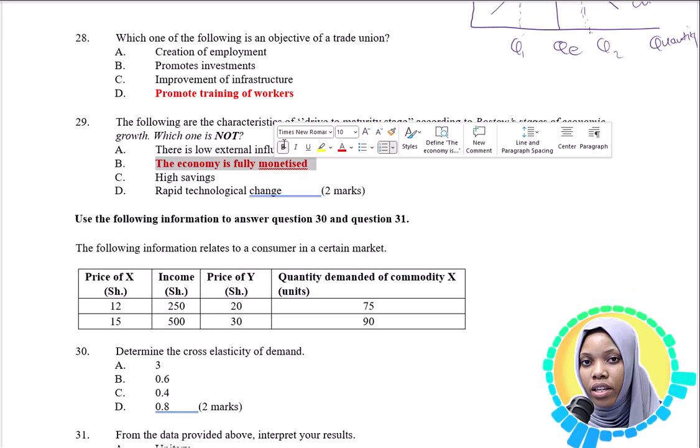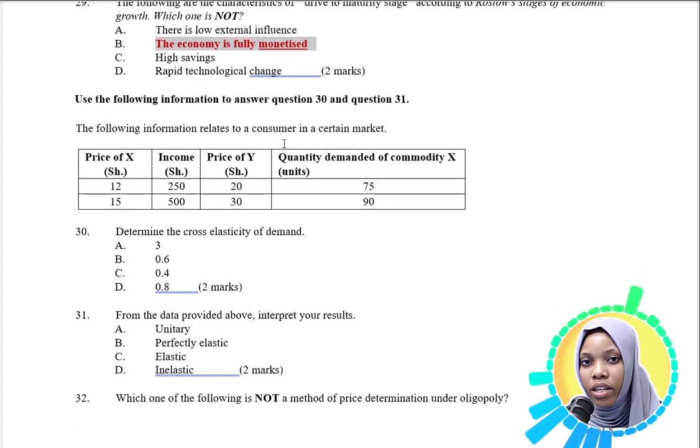It states, use the following information to answer question 30 and question 31. The following information relates to a consumer in a certain market.